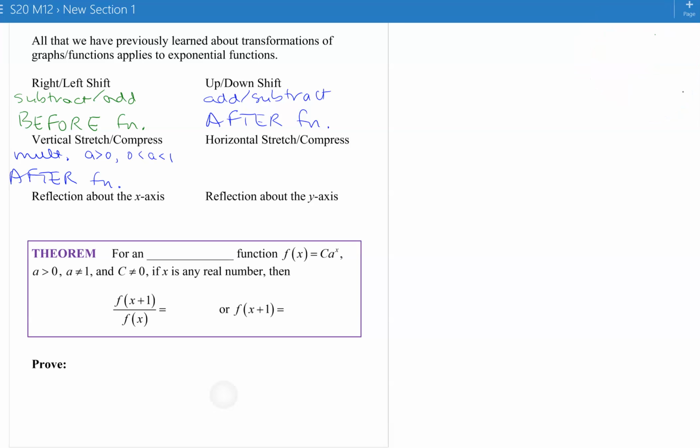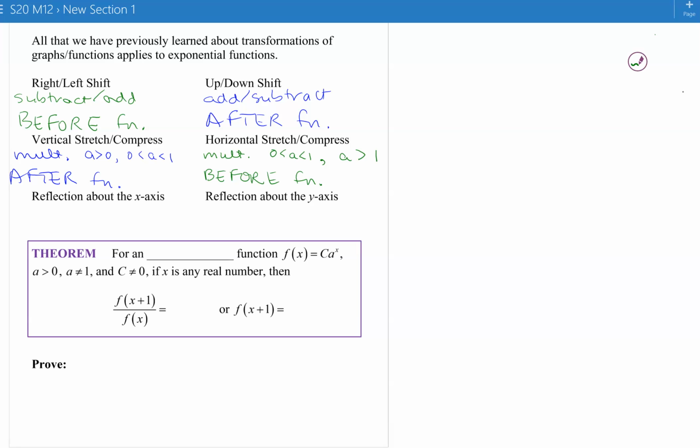So then horizontal stretching and compressing happens from multiplying before we do the function. This is counterintuitive to me, but the stretch happens if the multiplier is between 0 and 1, and the compress happens if the a is bigger than 1.